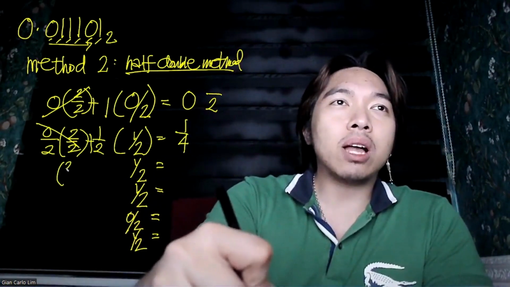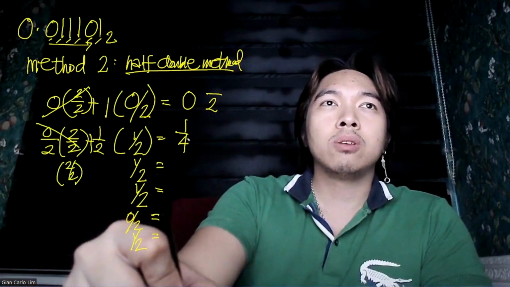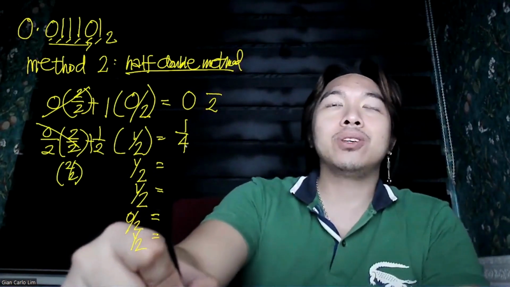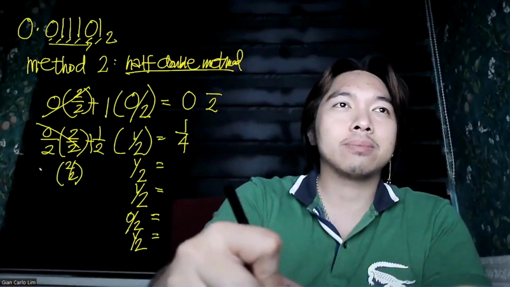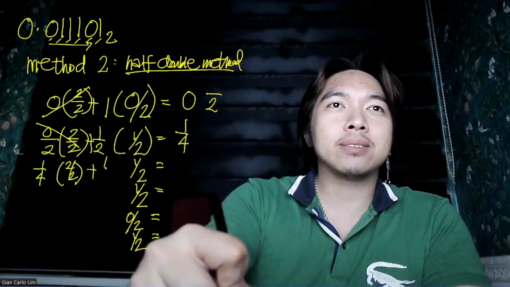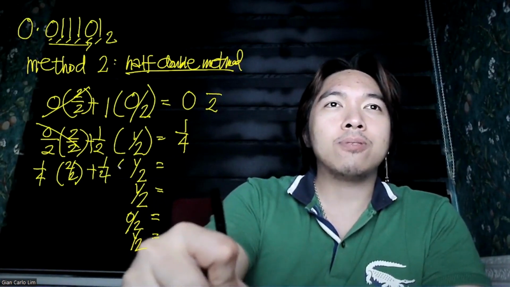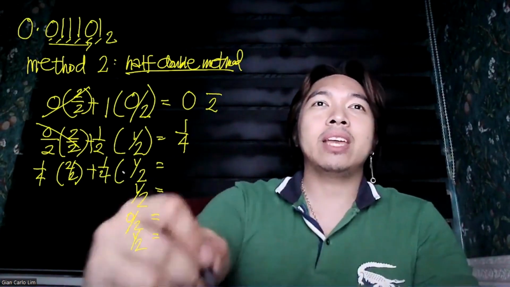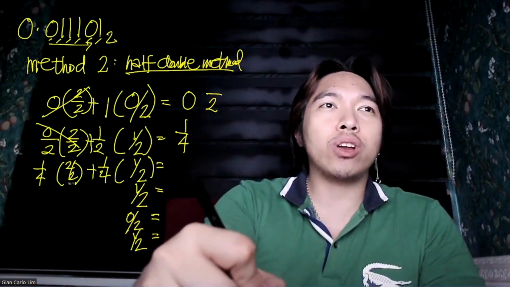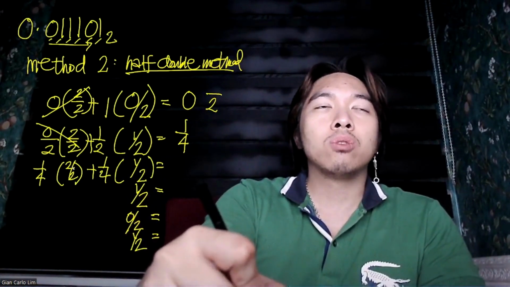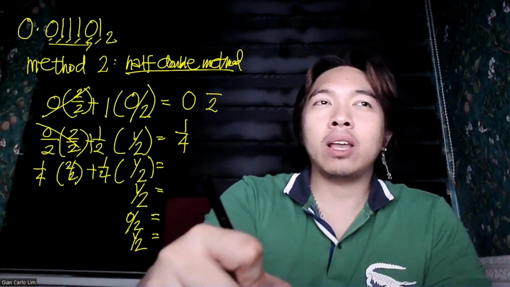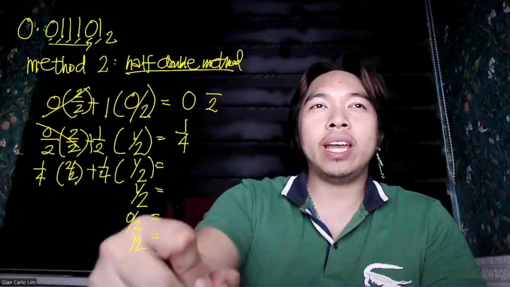So again, meron kang 2/2 dito. Okay. So 1/4, ang gagawin mo dyan is you will now get this. So 1/4 plus 1/4 times 2. Okay. And then you will add the 2 kung 1 yan. So 1/4, 2/2. So that would be 2/4. And rather, 2/8 rather. 2/8 plus 1/8.